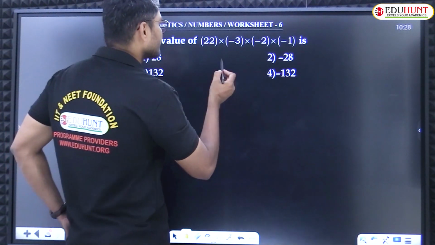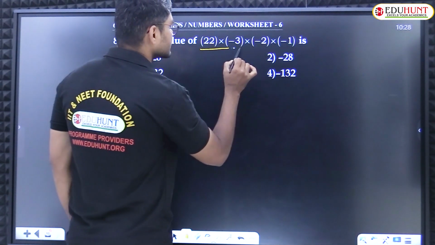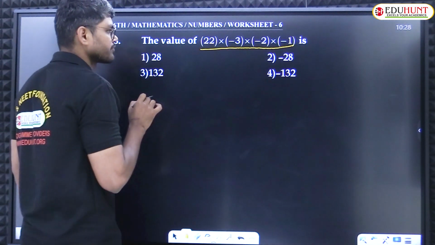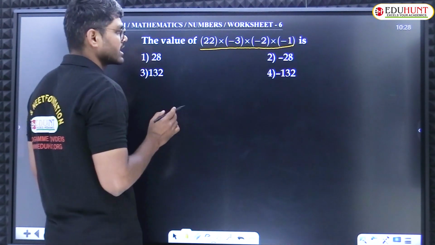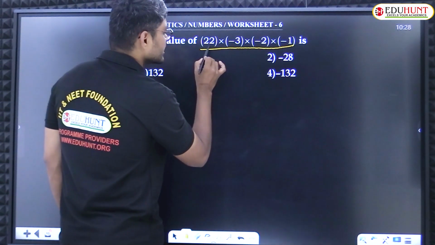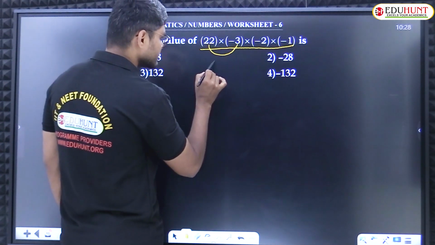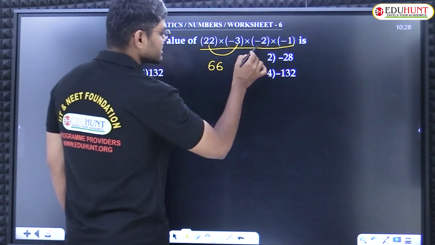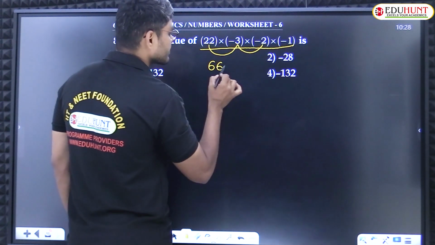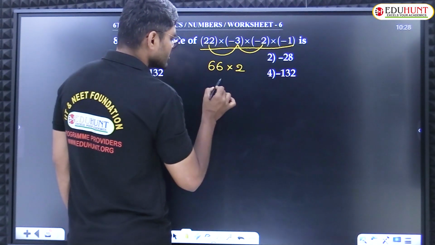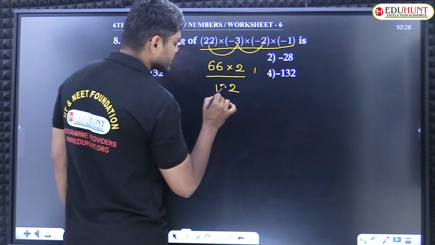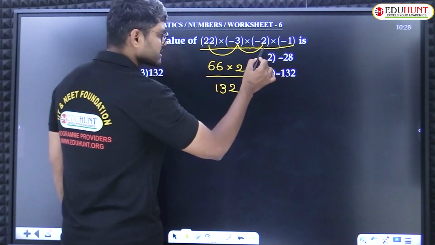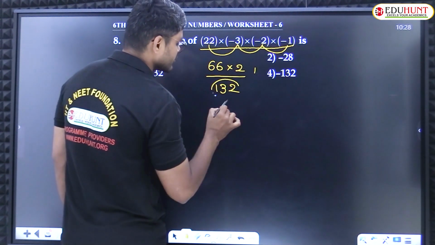The value of 22 into minus 3 into minus 2 into minus 1. Here the same, the product we have to find. First multiply the constant values. 22 into 3, that is 66. 66 into 2, 2 sixes are 12, 132. 132 into 1, 132 only.